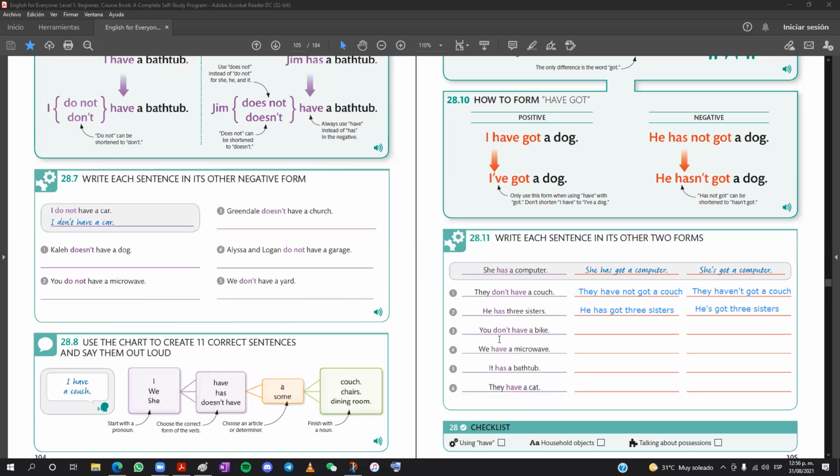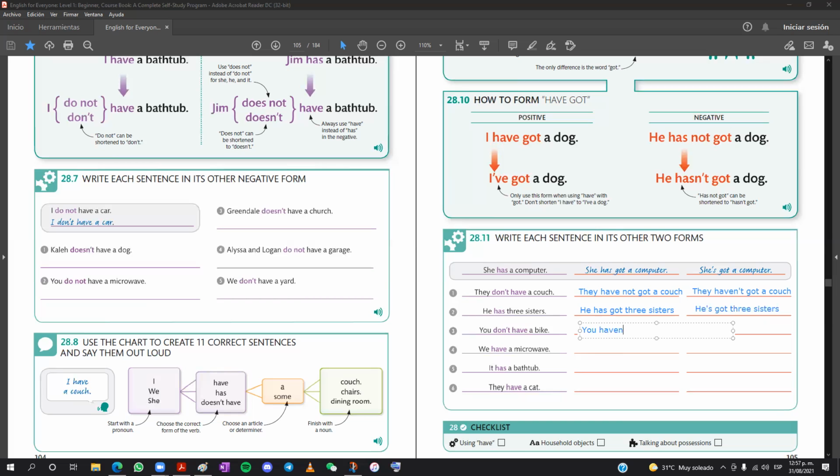Ok, you don't have a bike. ¿Cómo sería? You have not got a bike. Bueno, acuérdate que está en negativo, ¿no?